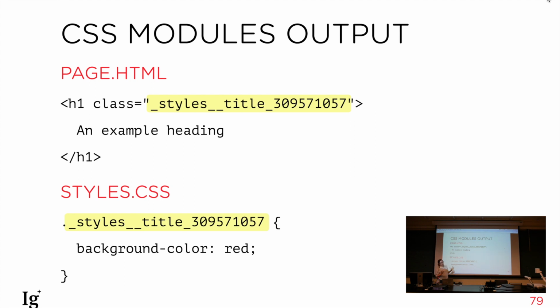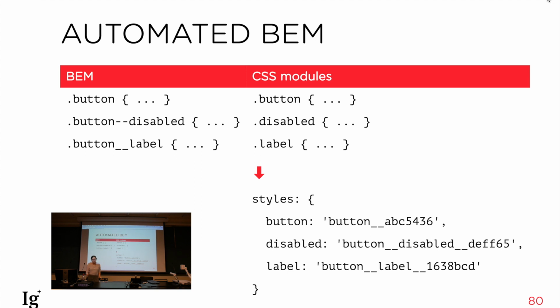And because this class name is so complex and generic, it provides you this encapsulation. So basically, I would say that it is like BEM for free, automated BEM. Because here we were trying to provide these unique names by following some methodological approaches. And here we have the same, but in a more automatic way.